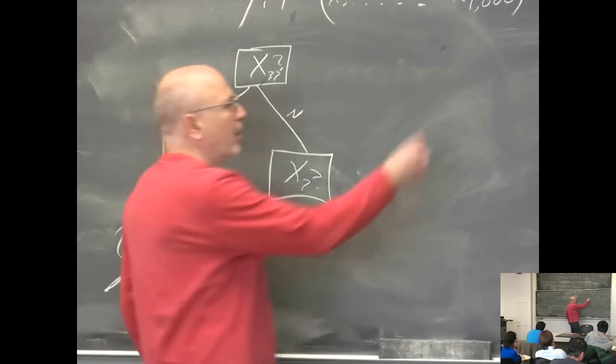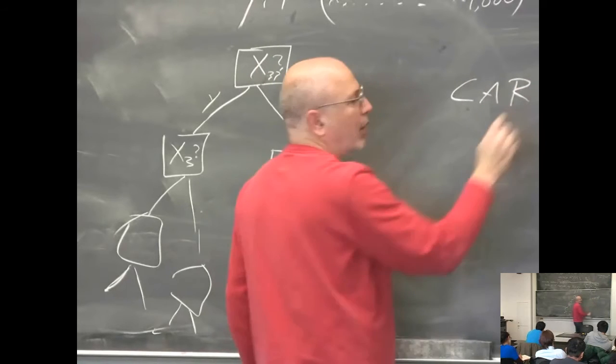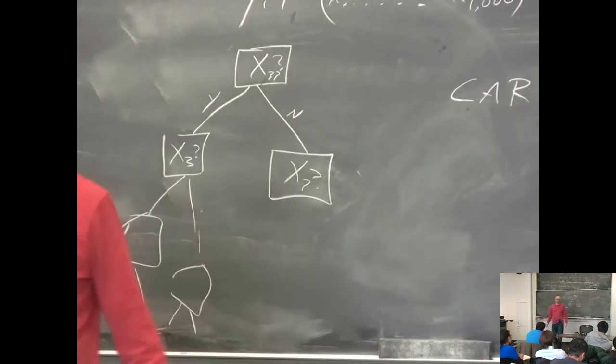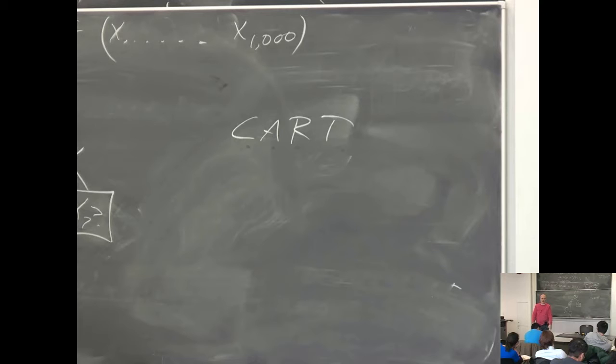So together, classification and regression trees, C-A-R-T, these trees are known as CART. The only difference is it's not in the X and not in the questions to get asked, it's in the output. If the output is categories, it's classification. If it's numbers, it's regression.